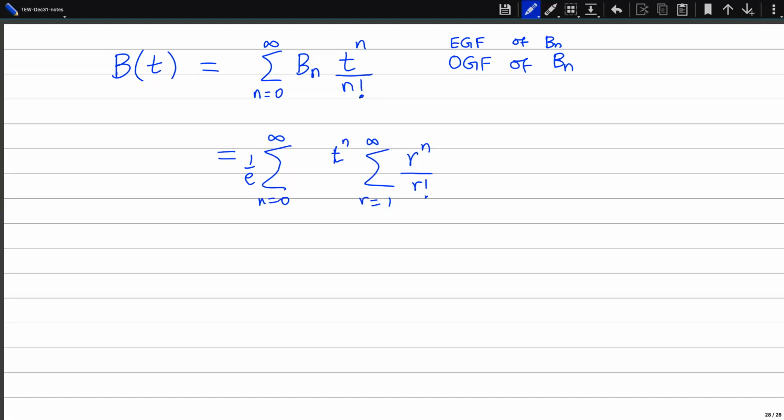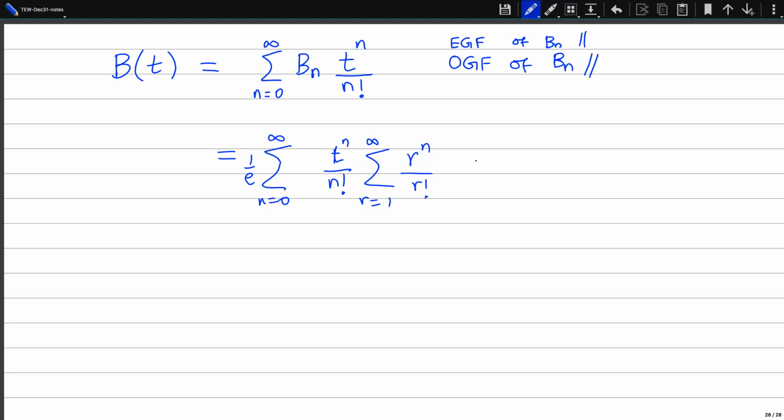You form this new generating function. It still has the same information as the bn's. It's another way of encoding the bn's, and depending on the context, one or the other will have a nice compact form. In this case, it turns out that the exponential generating function can be written in a very simple form.